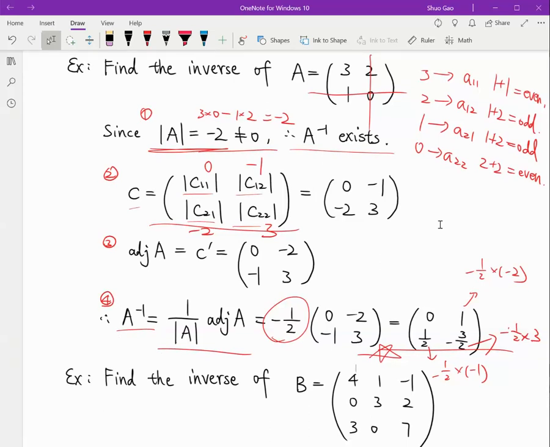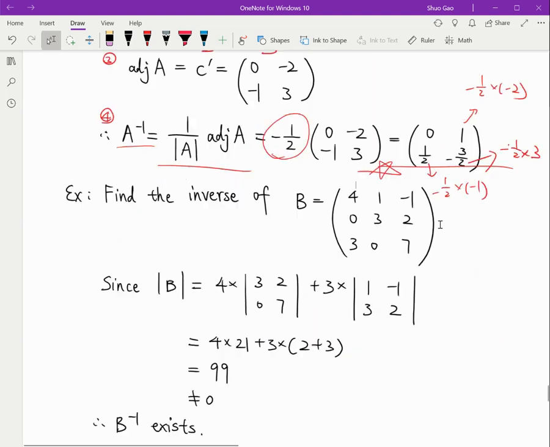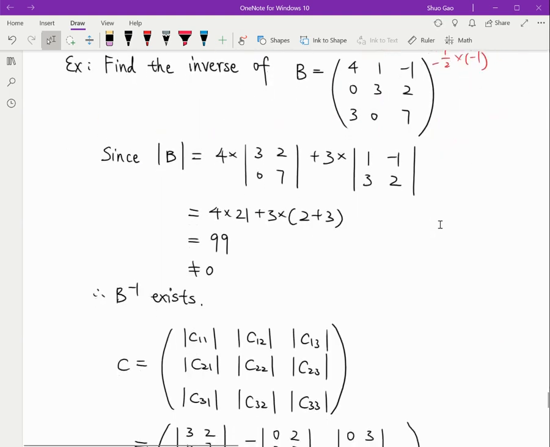So this is a 2 by 2 matrix. Here we'll look at a little bit more complicated example, which is a 3 by 3 matrix. So we need to find the inverse of B, which is a 3 by 3 matrix. Again, the first thing we need to check is if the inverse of B actually exists, right?